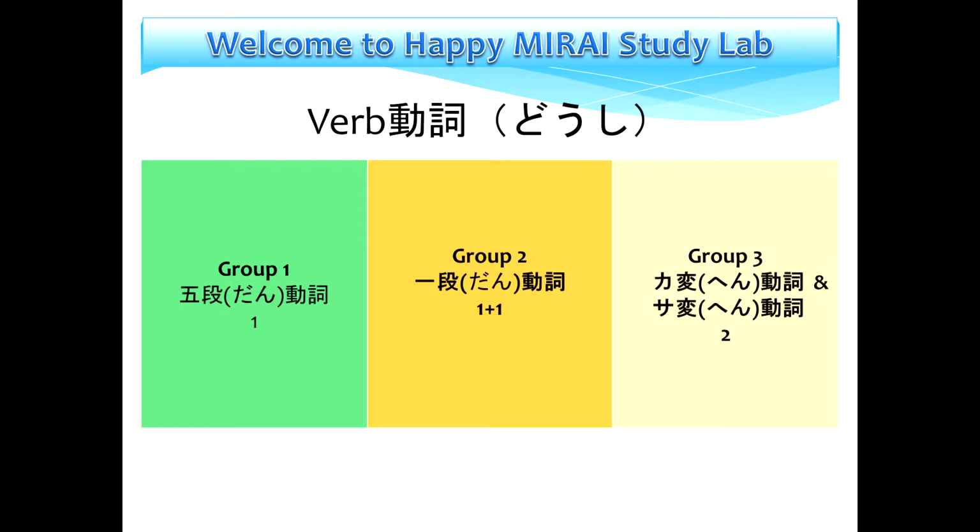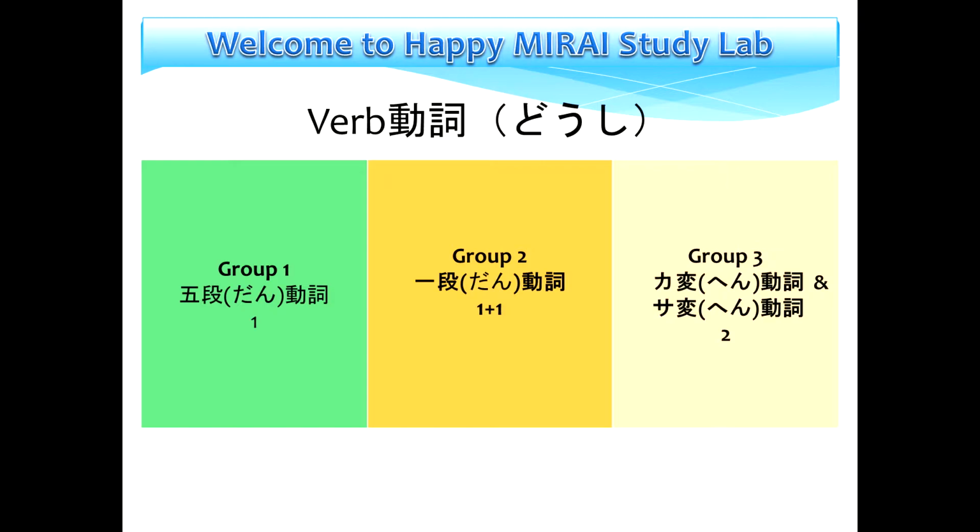If you are learning through foreign textbooks written in English, most likely they will group them this way, 3 groups. And for me, and also for a lot of schools in Singapore, a lot of textbooks divide them into 4 groups or 5 groups.